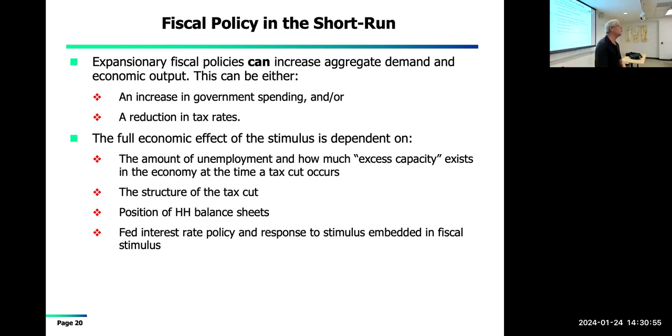If the economy is already at full employment, there aren't a lot of resources to generate more economic growth. So if the government increases the deficit and you can't really increase production because everybody's already fully employed, the effect is going to be very small. Or it could be negative. It could just raise inflation. And that's part of the contribution to the higher inflation rates at the end of 2021.